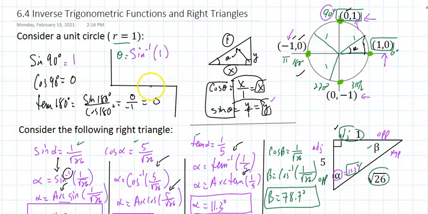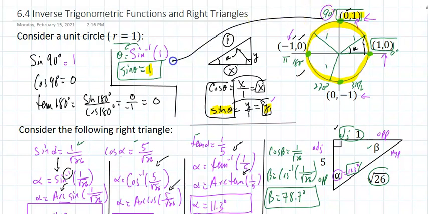And the only way I can get an inverse is if I reverse the steps and say I must have had the sine of theta equal 1. Where does y equal 1 on this unit circle? It happens to be right there. The answer to this problem would be 90 degrees.